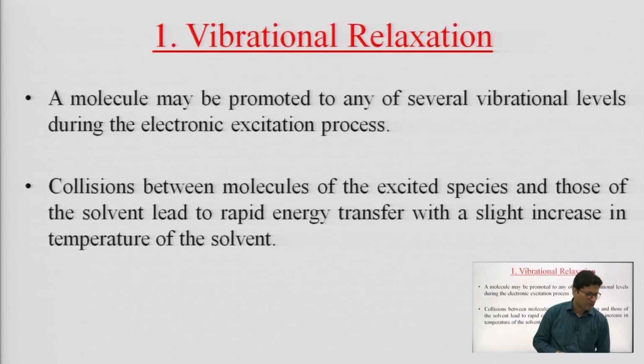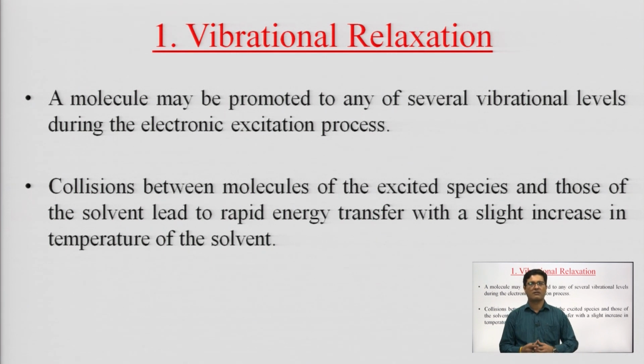So, let us start. Number 1, vibrational relaxation. A molecule may be promoted to any of the vibrational levels during the electronic transition, as we have discussed earlier, that each and every electronic level comprises several vibrational energy levels. So, when the ground state electron jumps to the excited state, it can go to any of the vibrational levels.